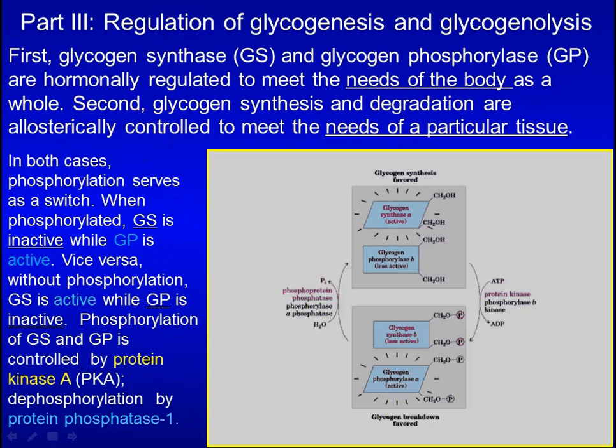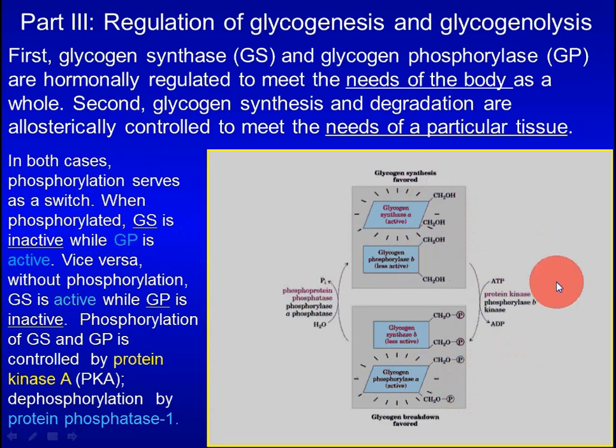In both cases, phosphorylation serves as a switch. For example, when phosphorylated, glycogen synthase is inactive while glycogen phosphorylase is active. Vice versa, without phosphorylation, glycogen synthase is active and glycogen phosphorylase is inactive.